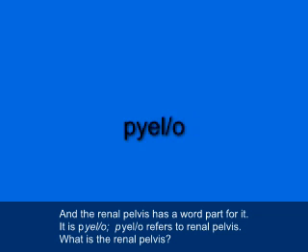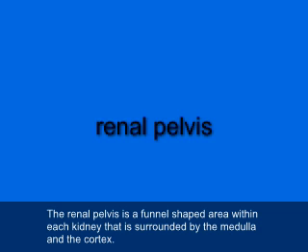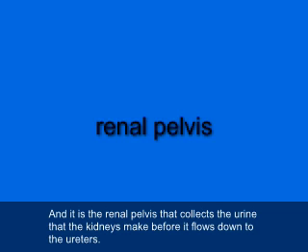It is pyelo, P-Y-E-L/O. Pyelo refers to renal pelvis. What is the renal pelvis? The renal pelvis is a funnel-shaped area within each kidney that is surrounded by the medulla and the cortex. And it's the renal pelvis that collects the urine that the kidneys make before it flows down to the ureters.